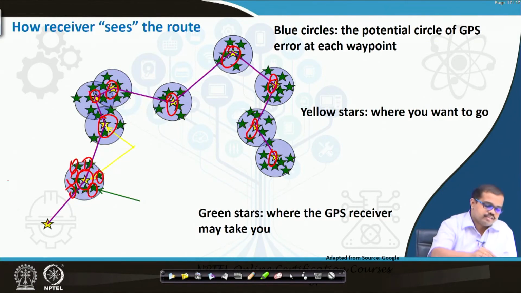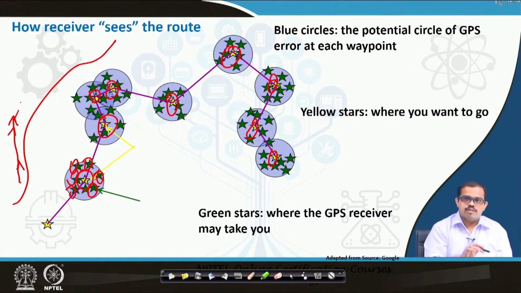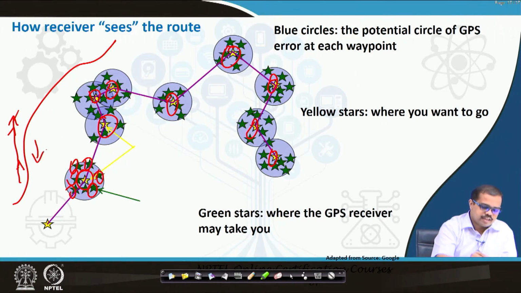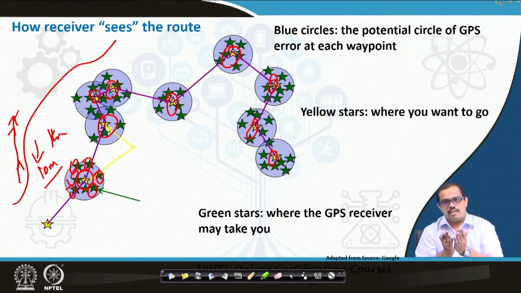That is why, when you are navigating this route, sometimes the receiver would be something like this next to the road, or it may say there is an error of 10 meters, 20 meters, 1 kilometer. That is the adjustment error you have to make in the way you are navigating.